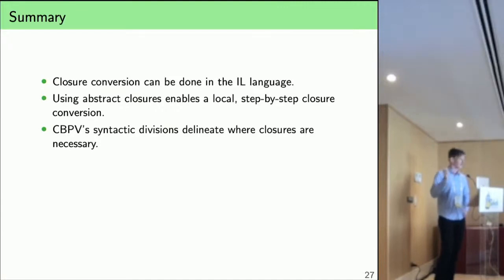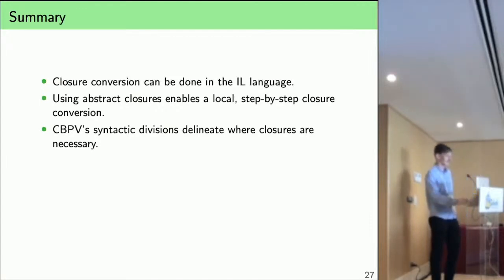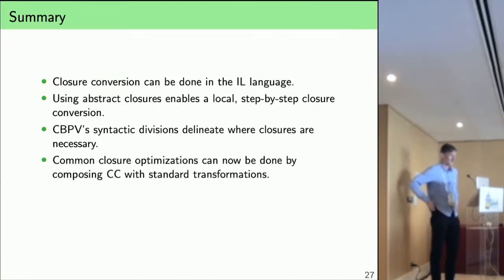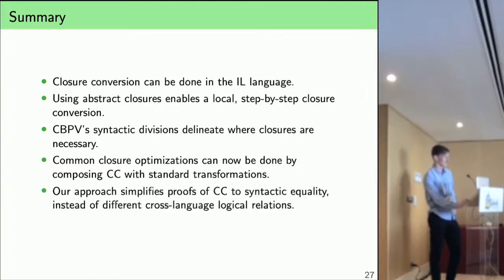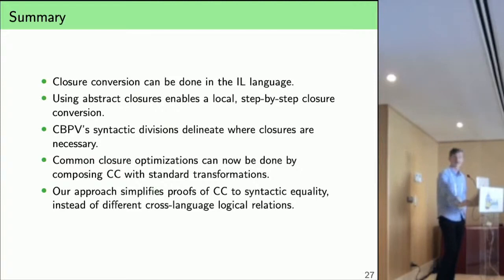For call by name and call by value, there were two different spots for capturing closures. Common closure conversion optimizations are now just compositions of beta and eta laws within our language. And we can also simplify the proofs of closure conversion correctness by just having different derivations in our language.